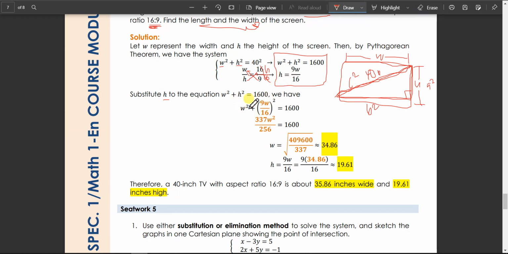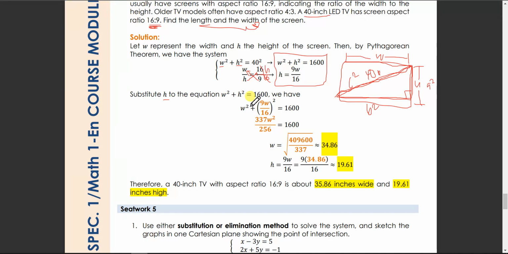Then we add 1. So 1 plus 81 over 256, that's why we have 337 over 256. 1 man siya, 1 w squared. So 1 plus 81 over 256, that is equal to 337 over 256 w squared.